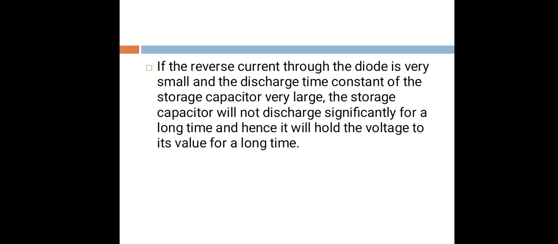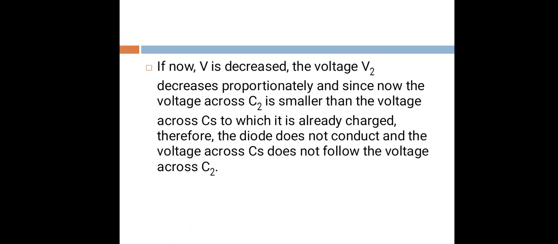If the reverse current through the diode is very small and the discharge time constant of the storage capacitor very large, the storage capacitor will not discharge significantly for a long time and hence it will hold the voltage for a long time.